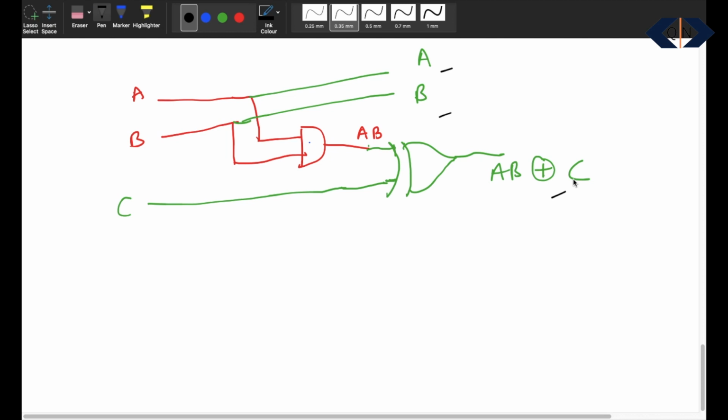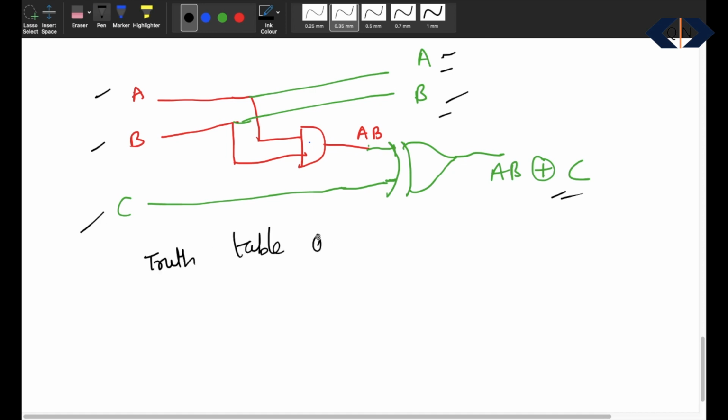So I will let you know how to get the AND gate output. First of all, let's write the truth table. Now we have three inputs and three outputs, so there is a possibility that it can be a reversible gate, but not sure. So let's write the truth table for this.